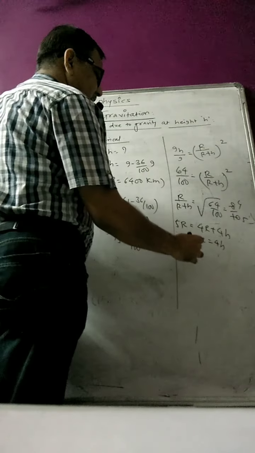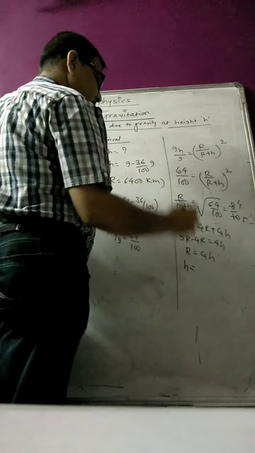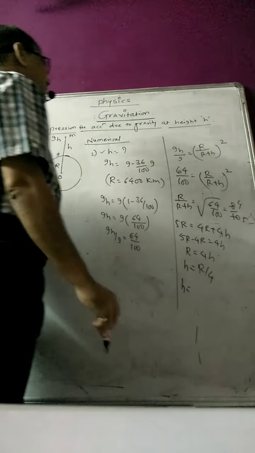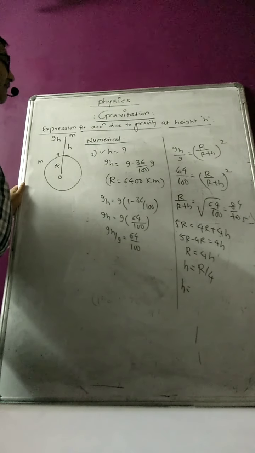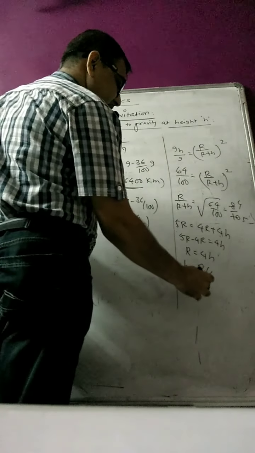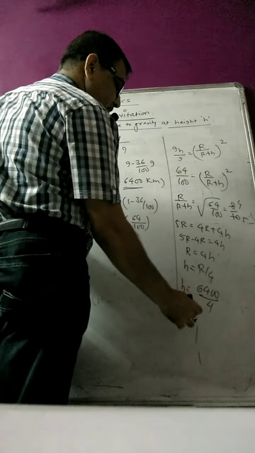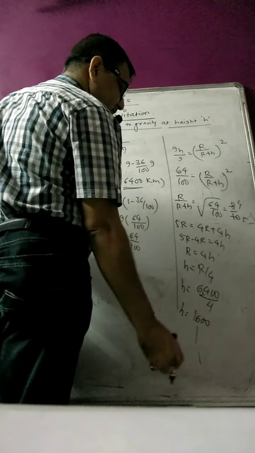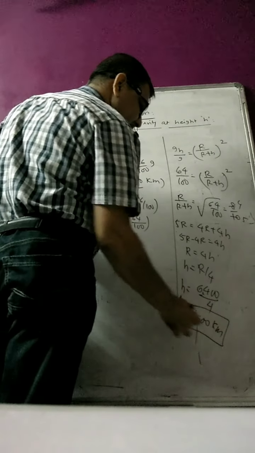So therefore r is equal to 4h. So he has asked you to find out the h. So therefore h is equal to r by 4. And what is the r now here? R will be 6400 kilometer, and then I'll put this value: 6400 divided by 4, that is equal to 1600 kilometer. Okay, it is comparable to radius of the earth.